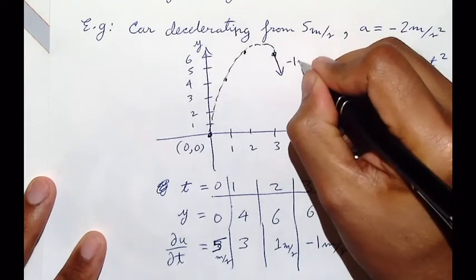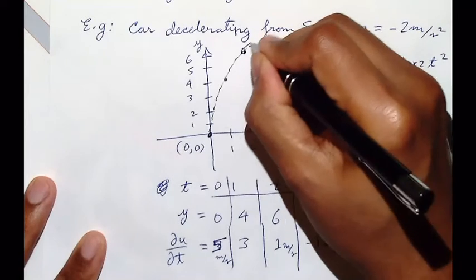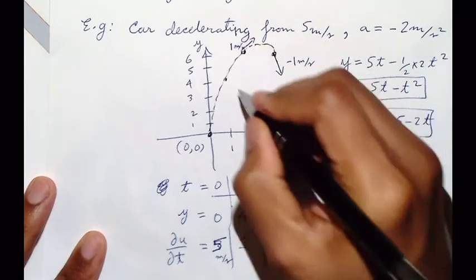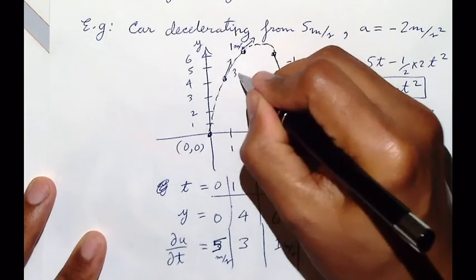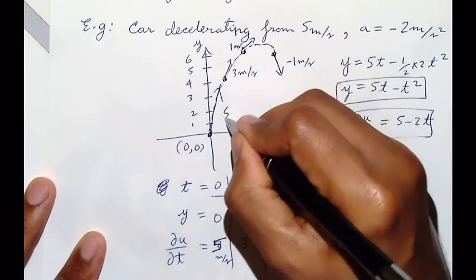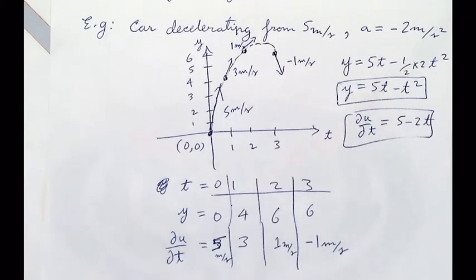Minus 1 meter per second, plus 1 meter per second, 3 meter per second, 5 meter per second.